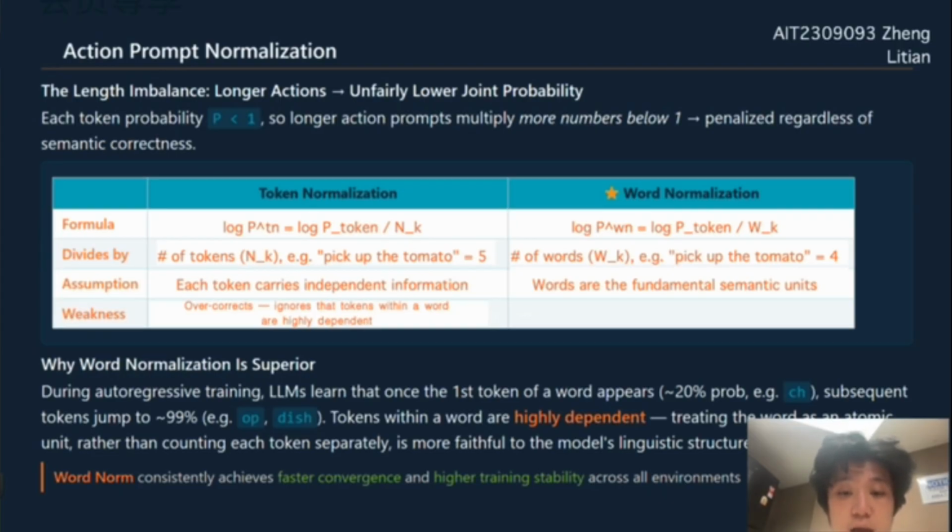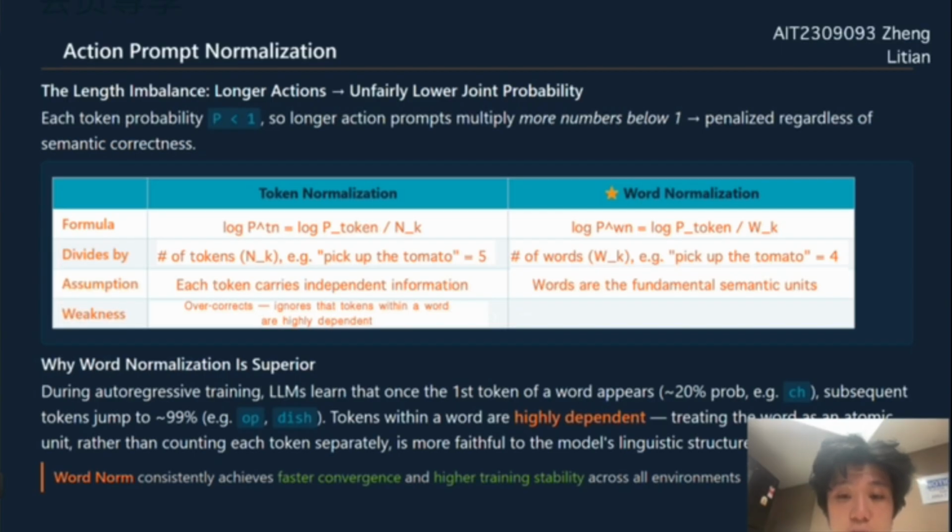A challenge is that longer action prompts naturally receive lower probability because they contain more tokens. TWOSOME addresses this with normalization. Token normalization averages log probability across tokens, but it can overcorrect because tokens within the same word are highly dependent.